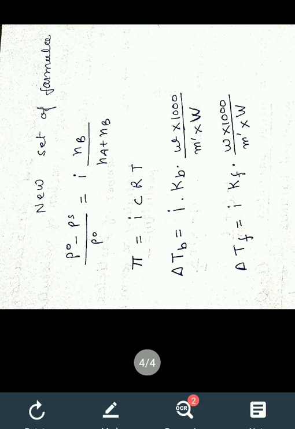So this was all about the chapter. Please go through all these factors very carefully and pay attention while solving the numericals, because in board exams you definitely get at least 3 to 4 mark numericals dedicated to this chapter, and the total weightage of the chapter Solutions is also very high.